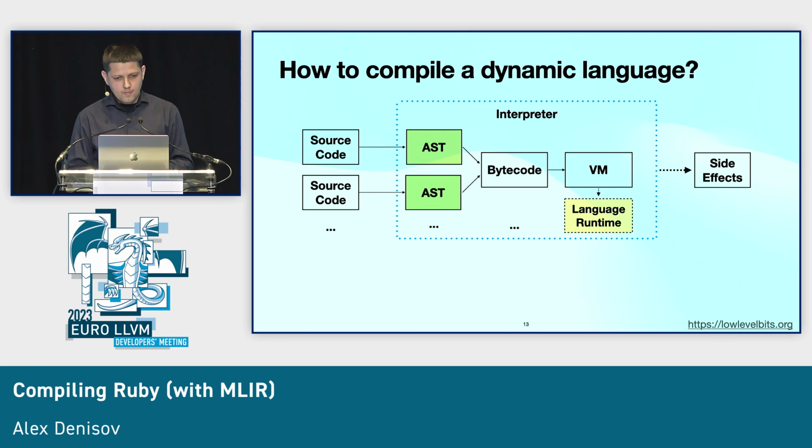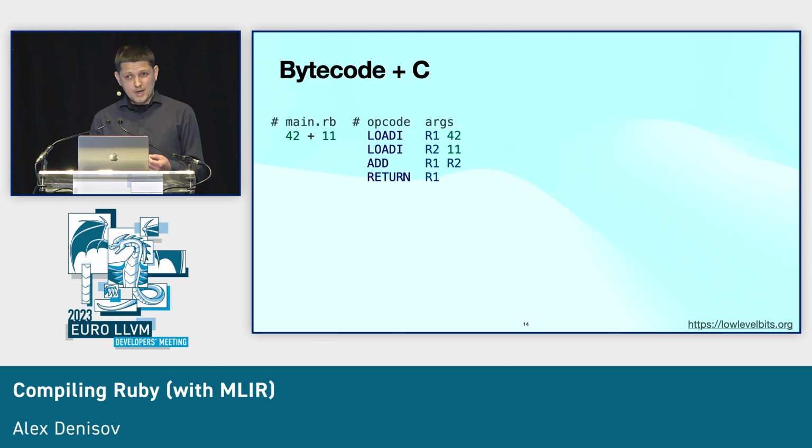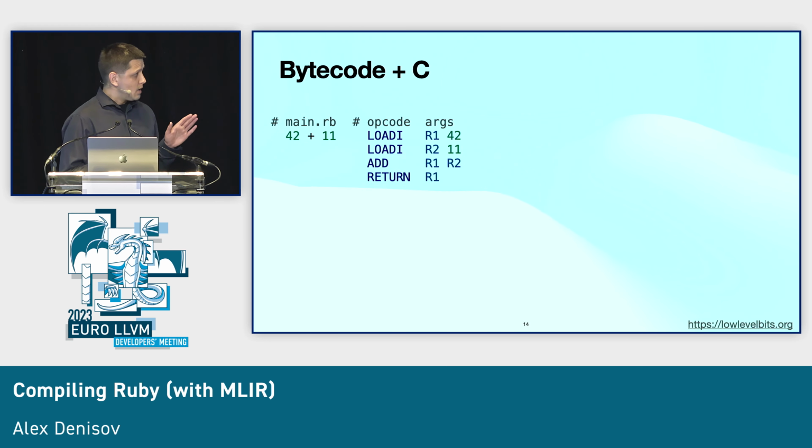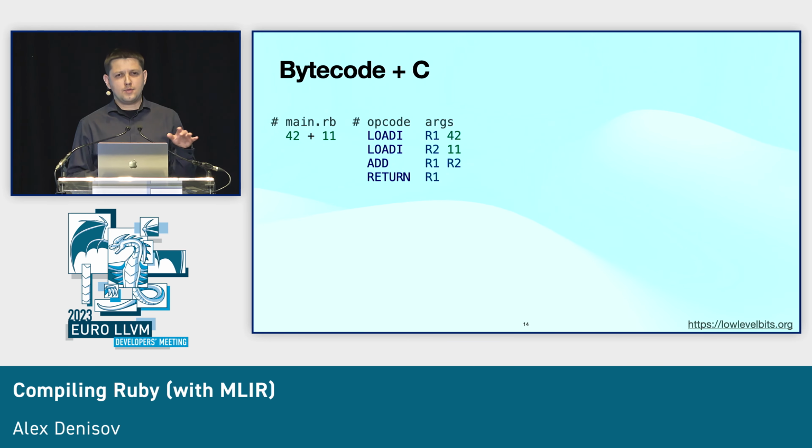So what is the bytecode, right? Again, there are several implementations, and if you ever run some Ruby scripts on your machine, like Linux, macOS, whatever, that was probably MRI Ruby, which is the reference Ruby implementation, and it uses stack-based bytecode.